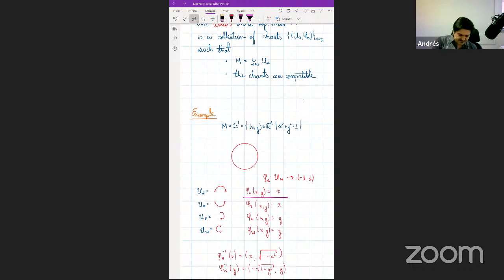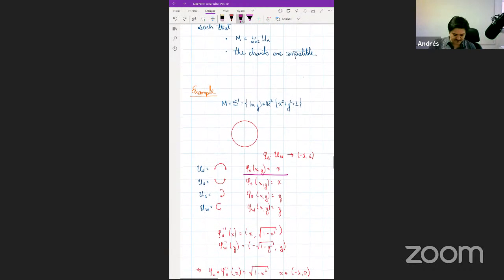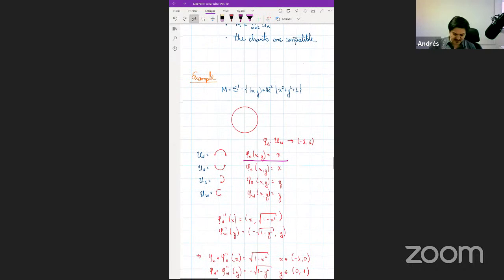So I'm looking at this and this. The inverse of U west, this one here. Okay? Now let's see that these 2 functions are compatible. So I have this.